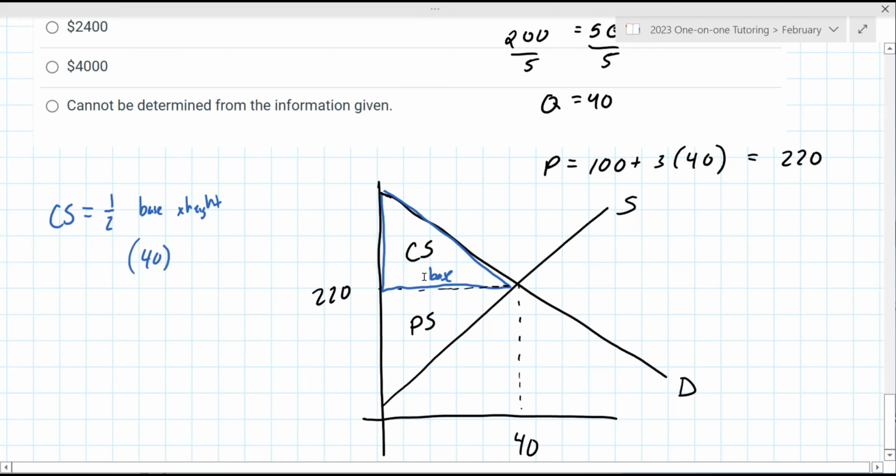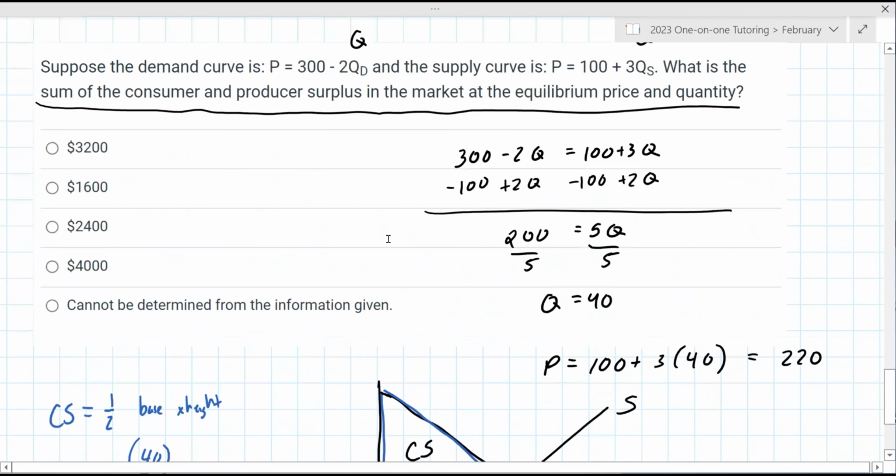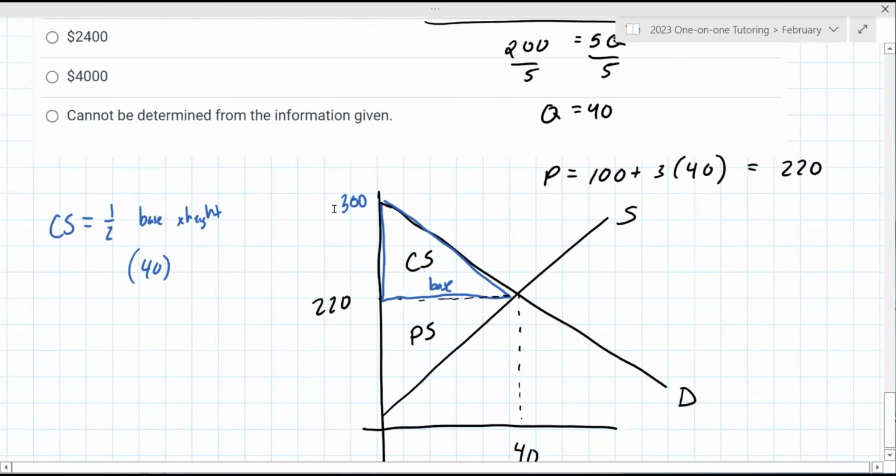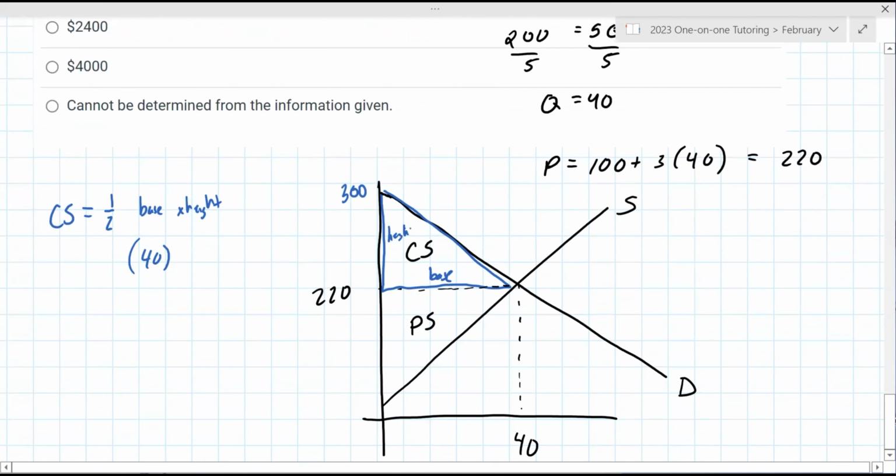You need to know which one was the demand curve and get the initial price up here, which comes from the graph or the equation. It looks like it's up here at 300. See how 300 is the initial value for that one there? That's why we graphed it in the previous problem, so you would know. So the height is 300 minus 220. That gives you your consumer surplus.